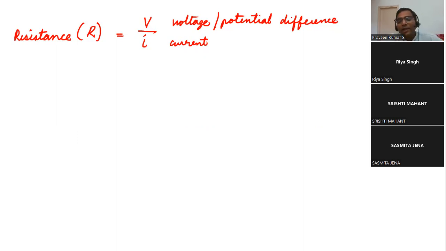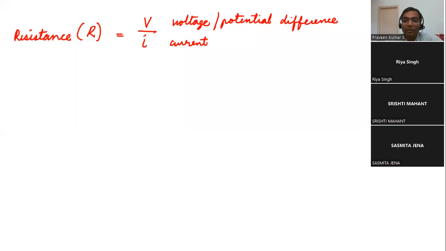See, voltage. You should remember two things about voltage. First one, voltage is the cause of flow of charges. Meaning, let's say if I put some water on the table here. Now, will the water flow in a particular direction or not?